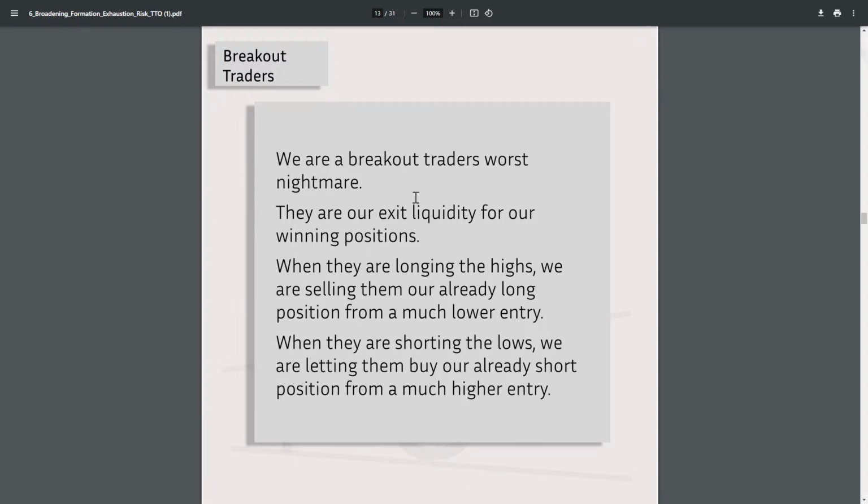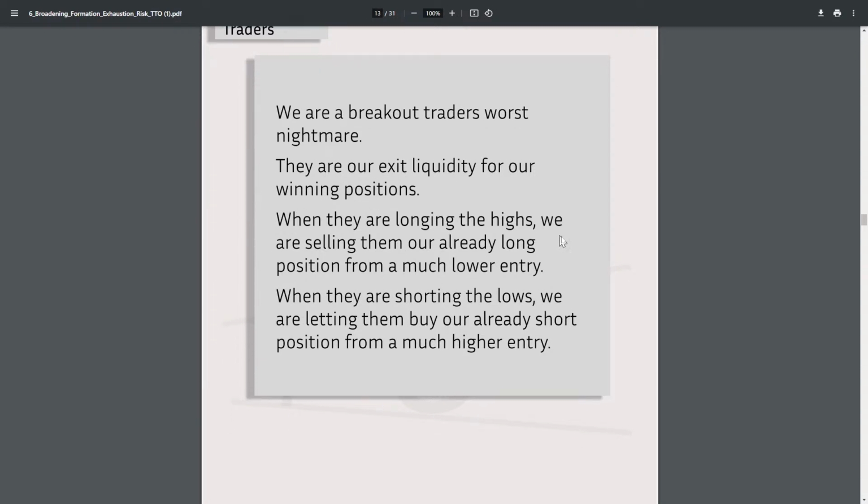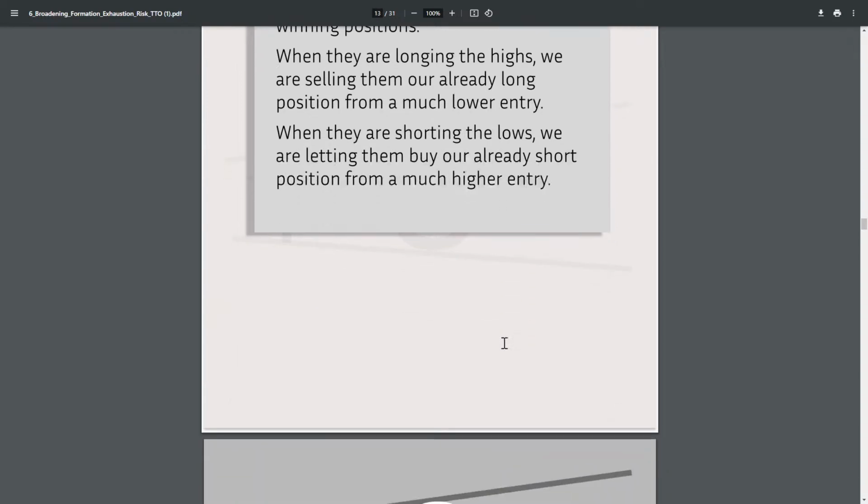They are our exit liquidity for our winning positions. And we pretty much usually put them in losing positions right away. So again, when they're longing the highs, we are selling them our already long position from a much lower entry. When they are shorting the lows, we are letting them buy our already short, winning position from a much higher entry.